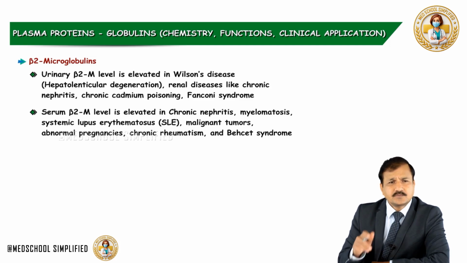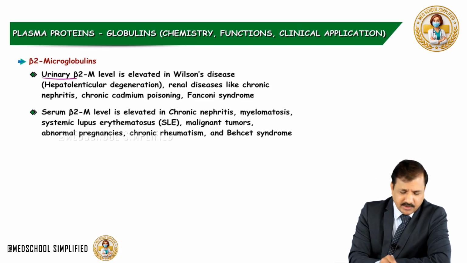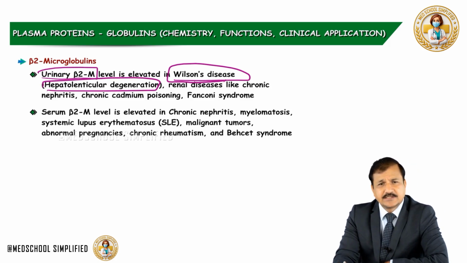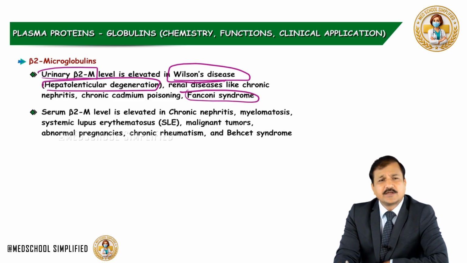Coming to urinary beta-2 microglobulins. Urinary beta-2 microglobulin levels will be elevated in Wilson's disease, where there is a hepatolenticular degeneration process, and renal diseases like chronic nephritis, chronic cadmium poisoning, Fanconi syndrome; all of them will lead to elevated levels of urinary beta-2 microglobulins.